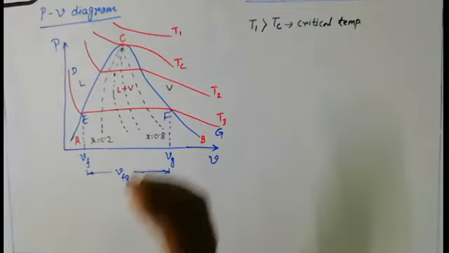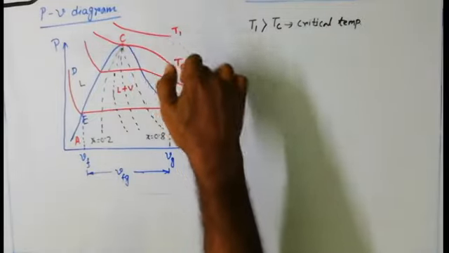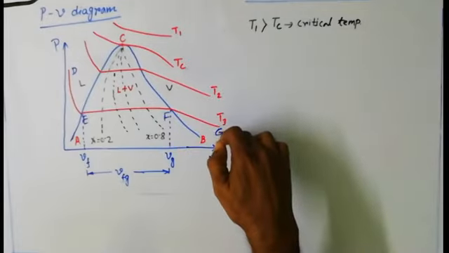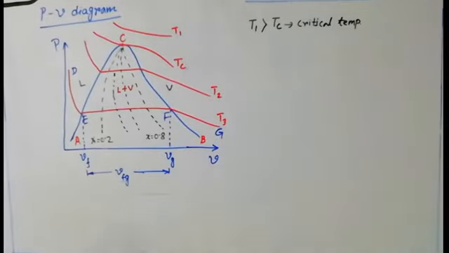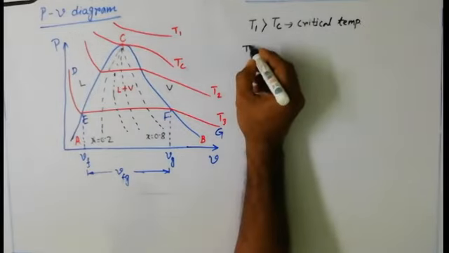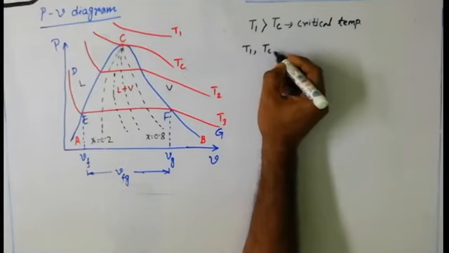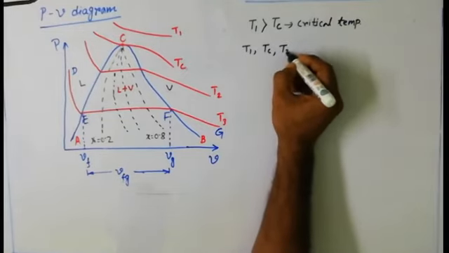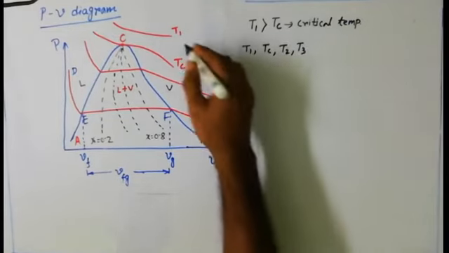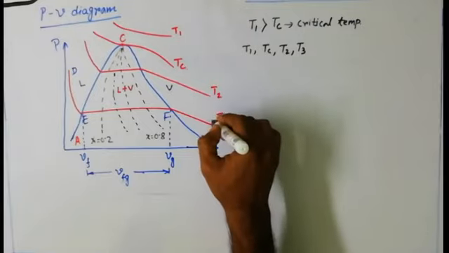Understood? So these red colored lines T1, Tc, T2 and T3 are basically isotherm lines. Isotherm lines means constant temperature lines. I have only shown 4 lines.